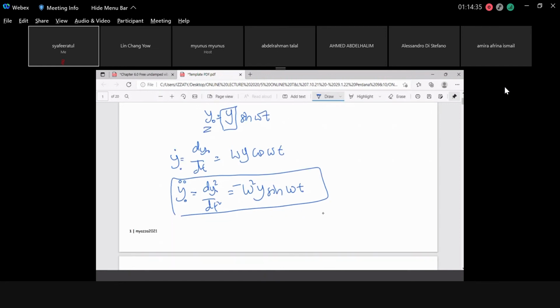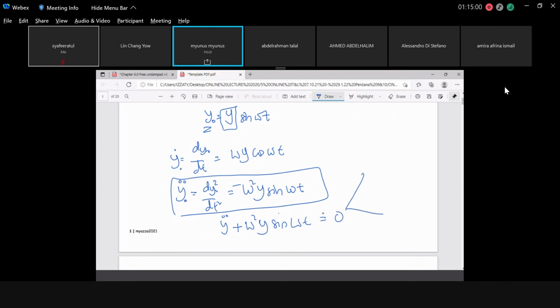But you know well that if you want to make this become your equation, y double dot, put it here, minus becomes plus omega squared Y sine omega t equal to 0. Correct? So you have two solutions here.